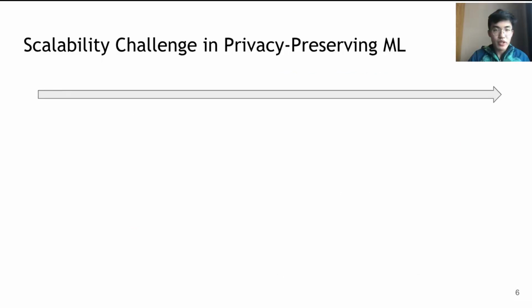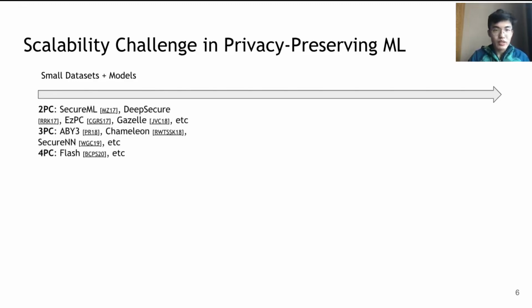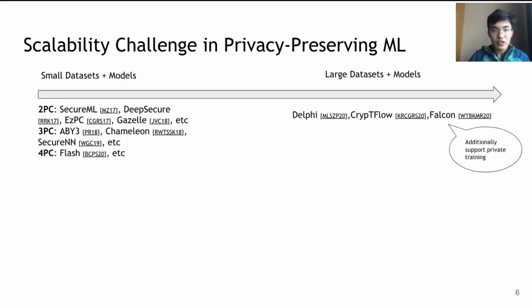However, most of the work in privacy-preserving machine learning has been restricted to small datasets and small models. Not until recently, there are several works that try to extend privacy-preserving machine learning to large datasets and large models. These are Delphi, CryptFlow, and Falcon. And Falcon additionally supports private training.